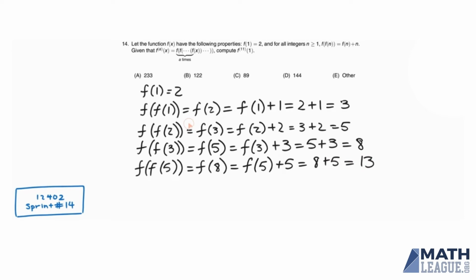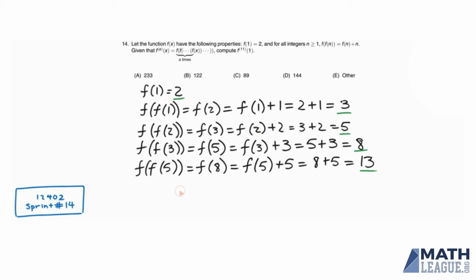So let's look at the values we're getting: 2, 3, 5, 8, and 13. If you stare at the problem long enough, you'll see that we actually have the Fibonacci sequence, as 2 plus 3 is equal to 5, 3 plus 5 is equal to 8, and 5 plus 8 is equal to 13.